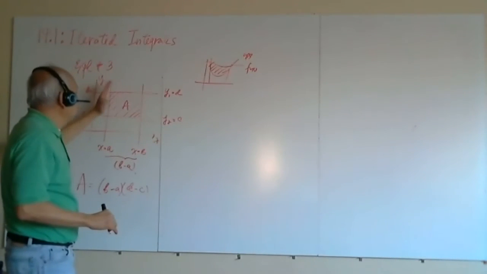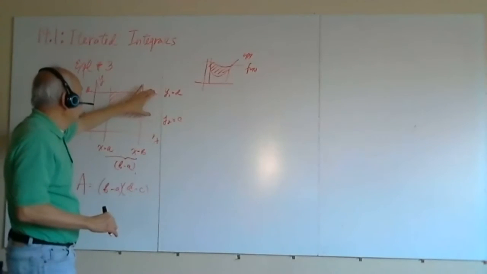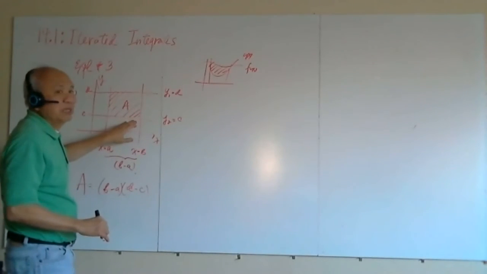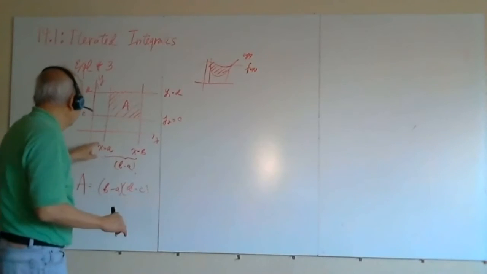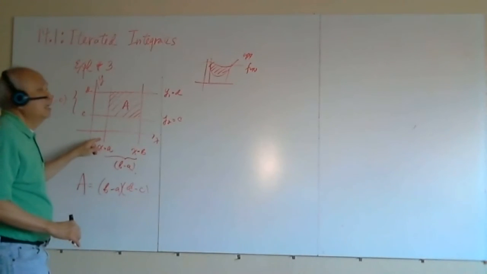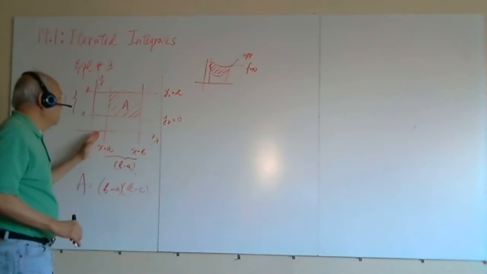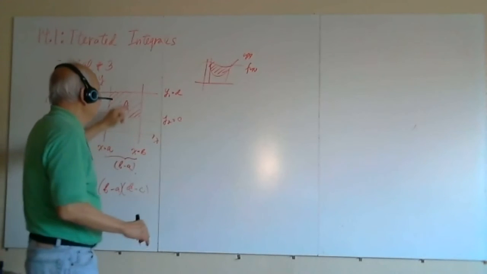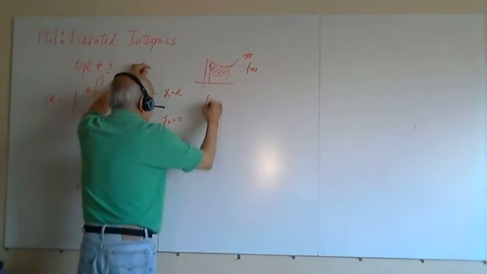So we have to find the area between the first curve, which happens to be a straight line, and the second curve, which also happens to be a straight line. So what are a and b? a and b are the interval: the beginning and the ending.